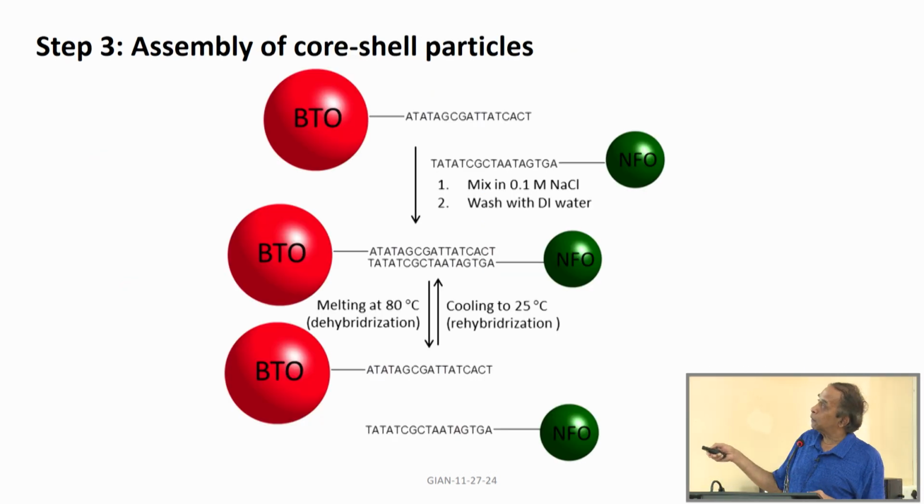These are the two complementary strands of DNA attached to barium titanate and nickel ferrite. Then they are brought together, and you cool it down to 25 degrees, they will hybridize, or you heat it up to 80 degrees, they will become separate.